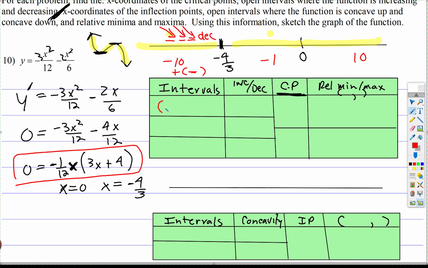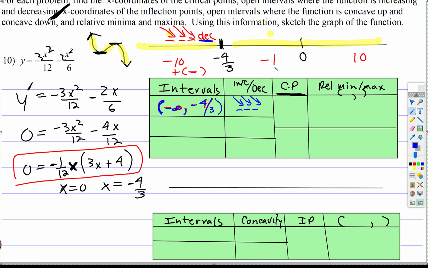So on the interval from negative infinity up to negative 4/3, and I'm going to change that color because red is not a great color sometimes. So you put the 3 kind of diagonal down arrows, and then we go ahead and make sure to put the word decreasing.